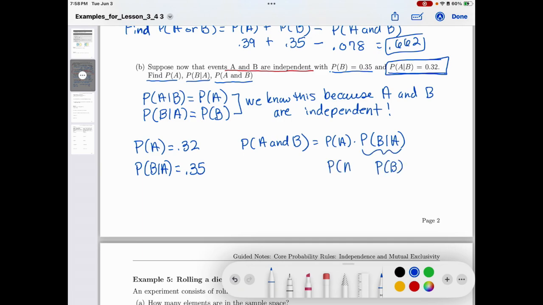But because I know that this is equivalent to the probability of B, all I have to do is multiply the probability of A times the probability of B. So that gives me 0.32 times 0.35, and we get 0.112. So when you see information like this in one of your homework questions, don't ignore it because that's giving you more information.